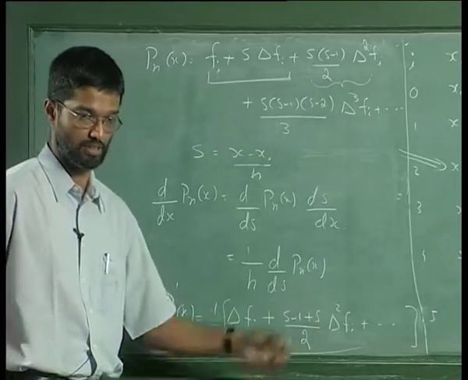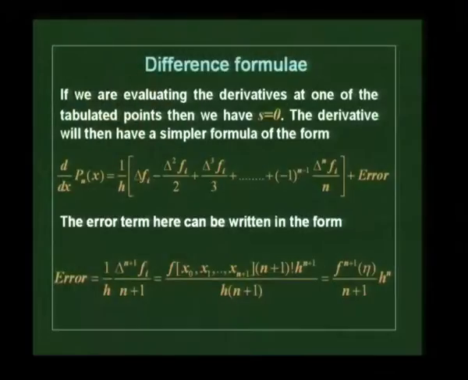We just take this, and then I can write it in this form. The full expansion would be something like this. What I have done is I want to evaluate the derivative of the polynomial of the set of data points at one of the tabulated points, and I enter the difference table at that particular tabulated point, and then I get s equal to 0.